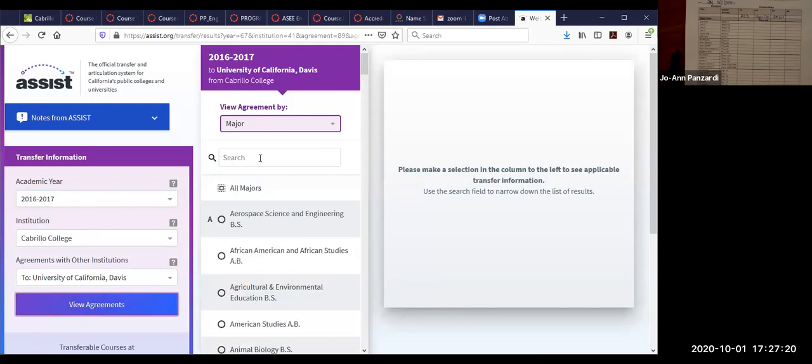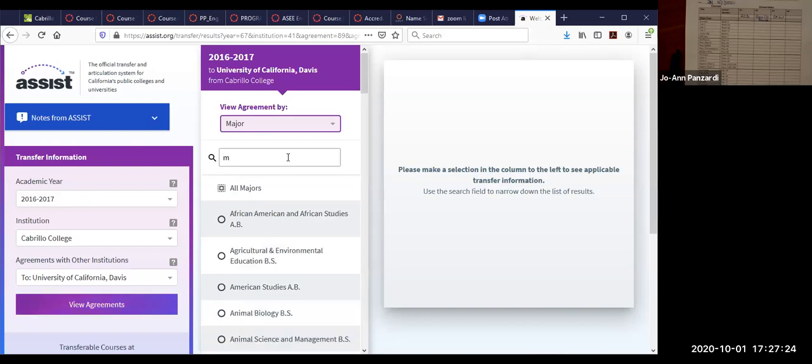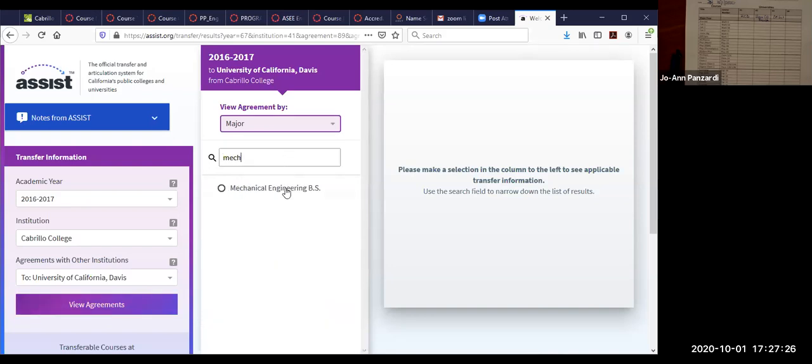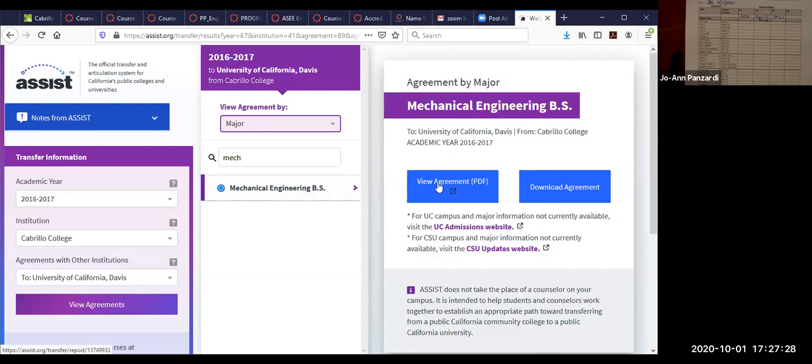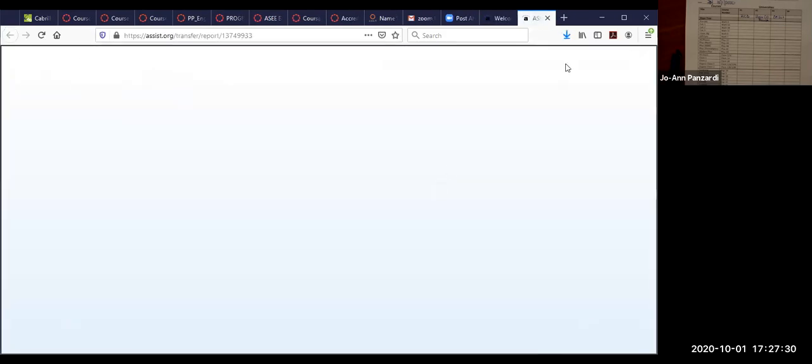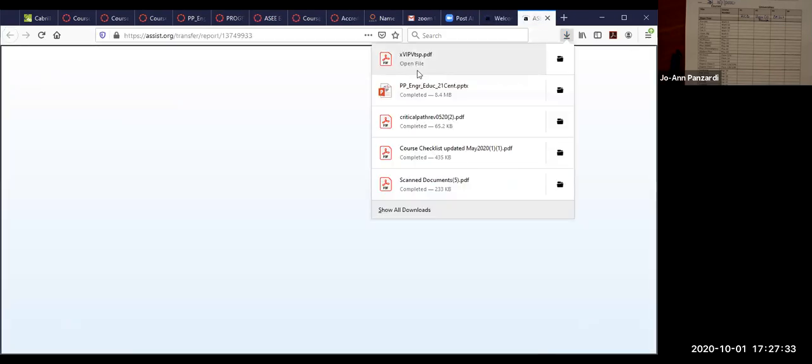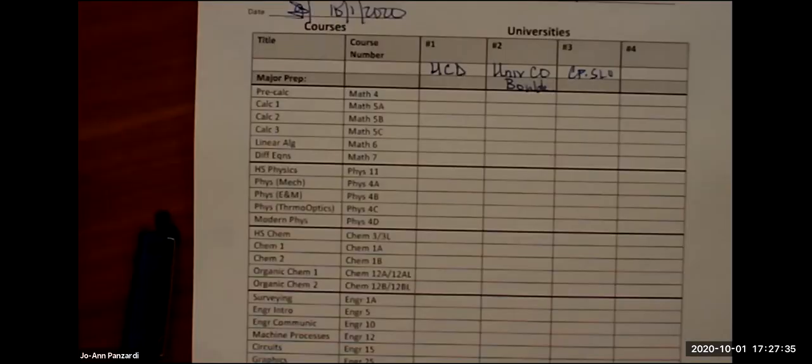There's major. You want to choose major, and then I'm going to write in mechanical engineering and say view agreement. And it's going to pop up. But now I have to stop sharing my screen and then share it again to show you the report.